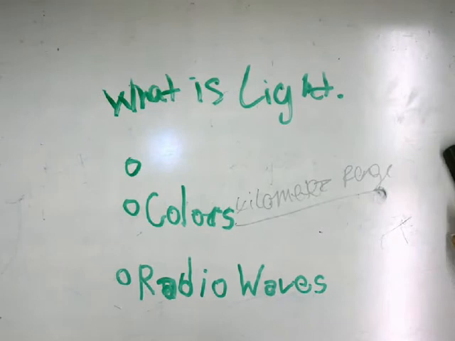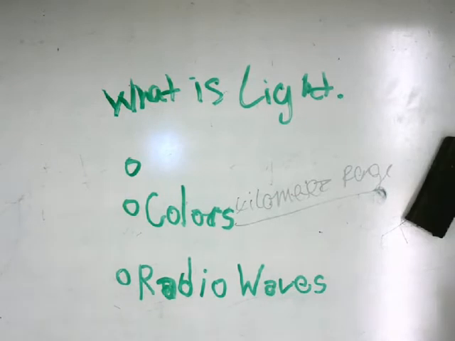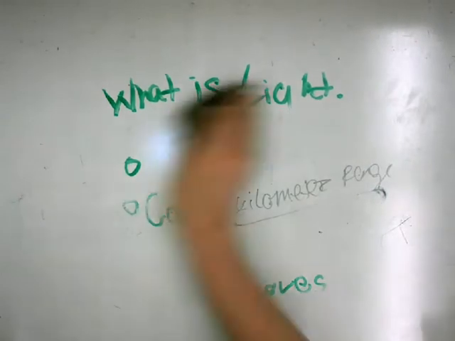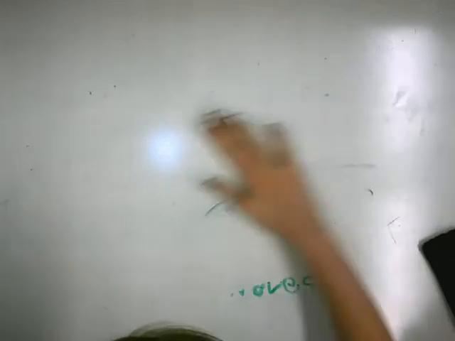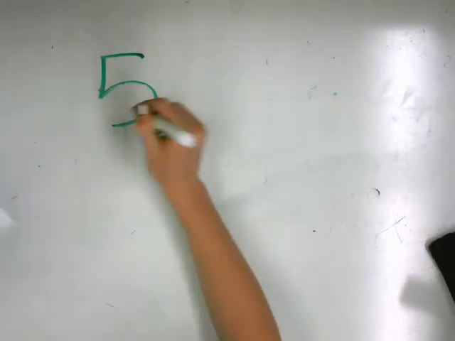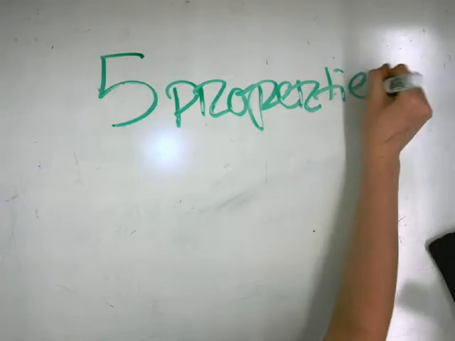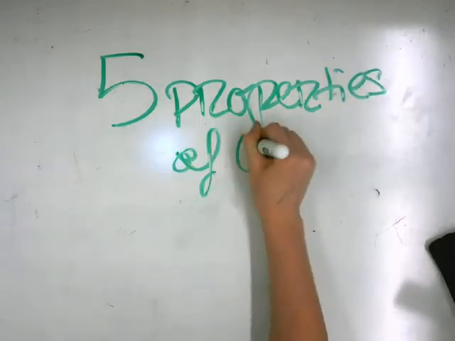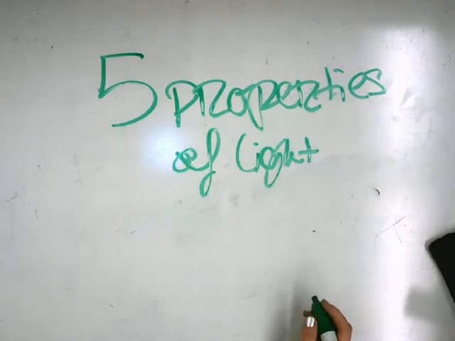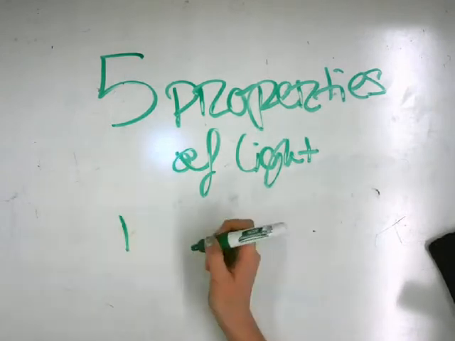So now that we have defined it, we're going to tell you the properties of light. There are 5 properties of light. 1. Intensity. 2.